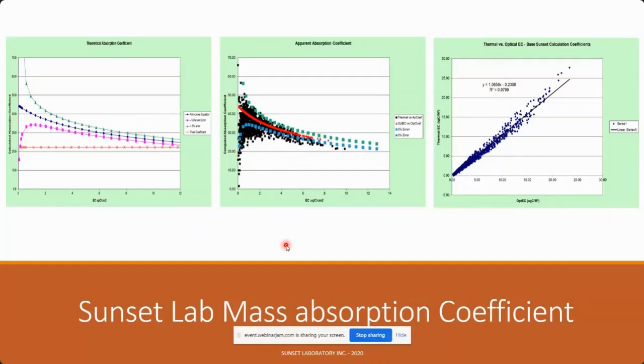The environment doesn't provide us with a pure sample source of diesel exhaust, and this diesel exhaust is typically the main color contributor to black carbon, that and other combustion sources.